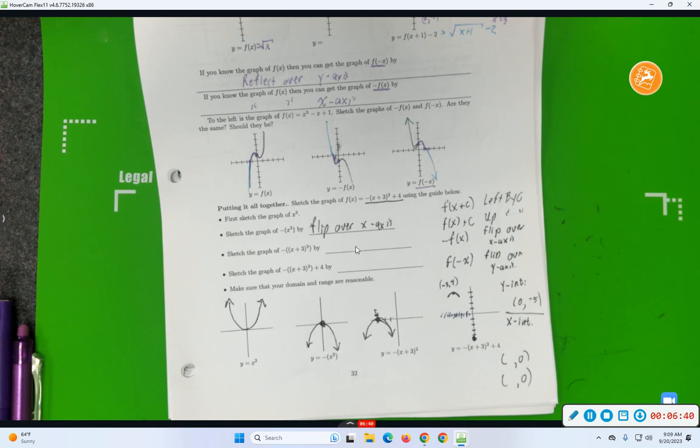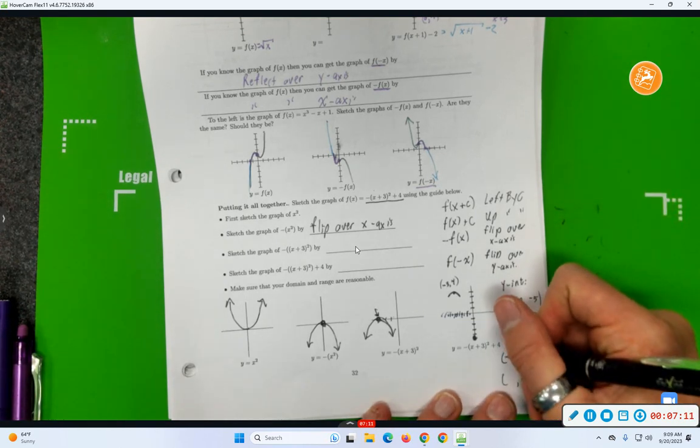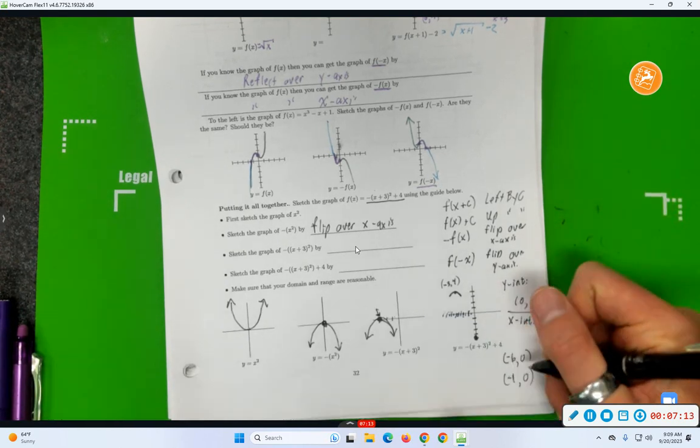Where are the two x-intercepts? You got -6, -1.